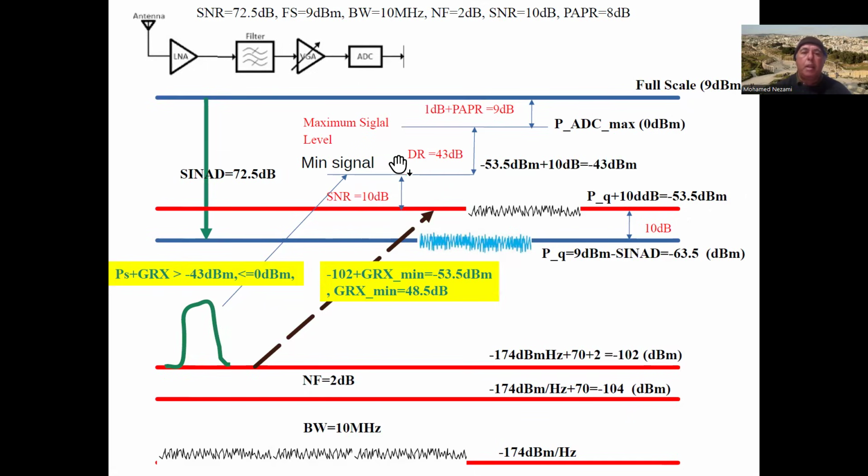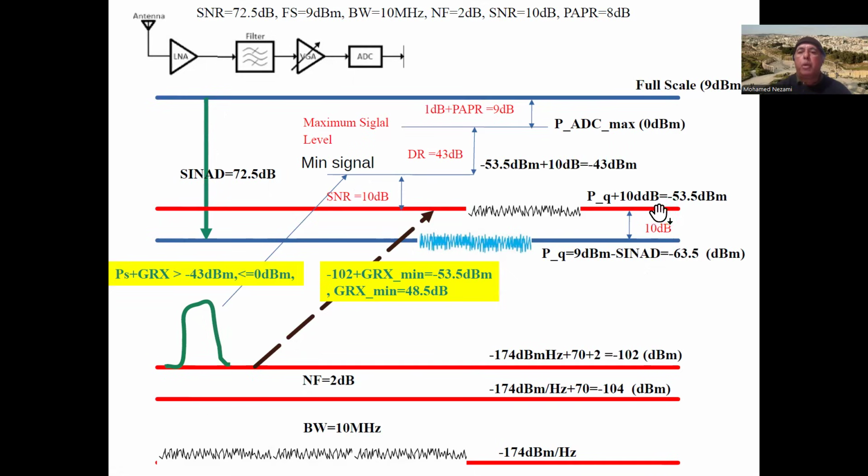So the minimum detectable signal by this ADC or this receiver is really going to be whatever level adds up to minus 43 dBm. So minus 43 dBm is really the signal to noise ratio magnitude on top of the 10 dB margin from the quantization noise. We have the quantization noise first, which is the SNR from full scale, okay?